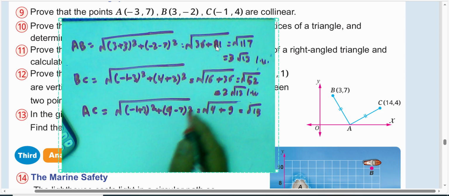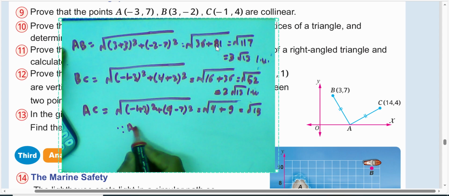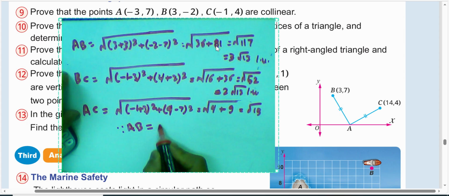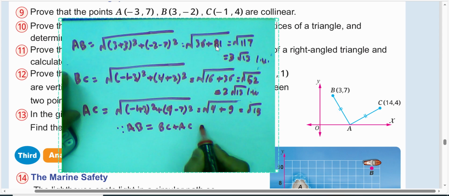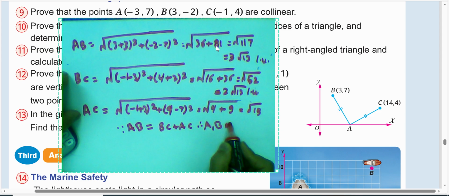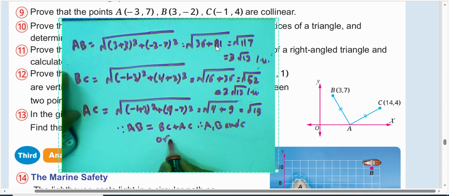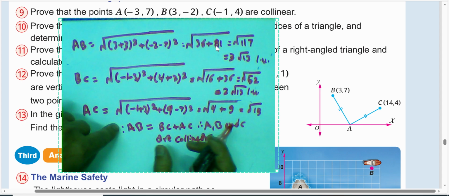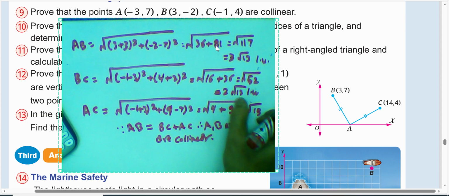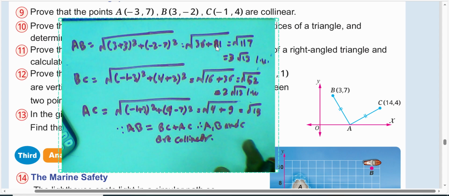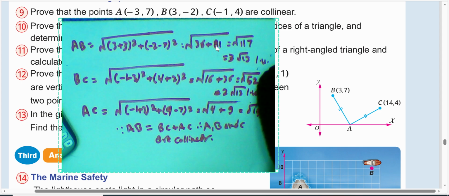We have AB equal to BC plus AC, then A, B, and C are collinear, because the greatest number, 3 root 13, equals root 13 plus 2 root 13. Then A, B, and C are collinear, on the same straight line.